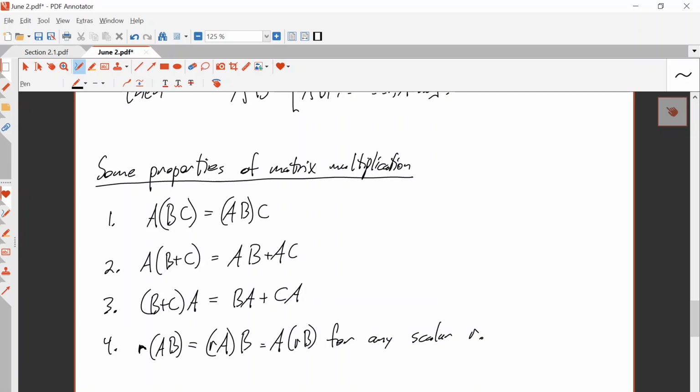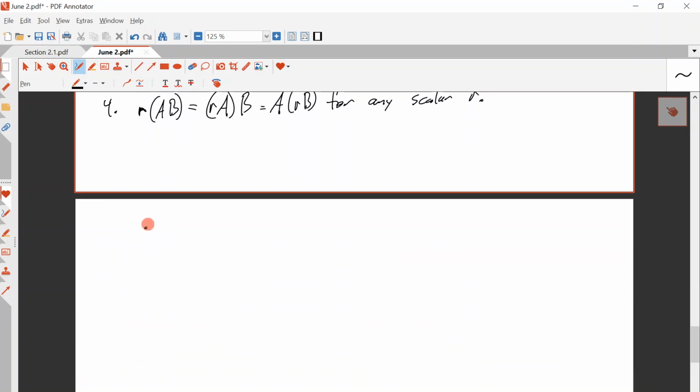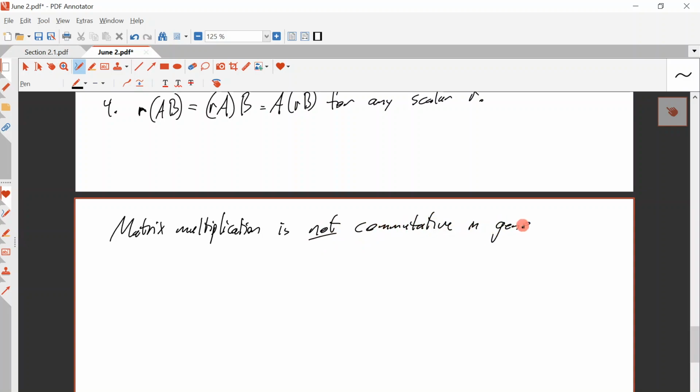The one thing that you might notice is missing is commutativity. Matrix multiplication is not commutative in general.